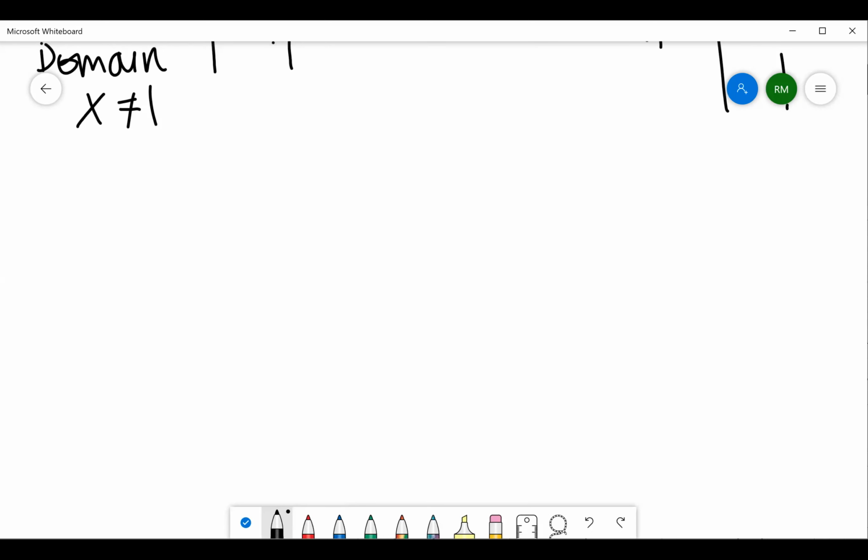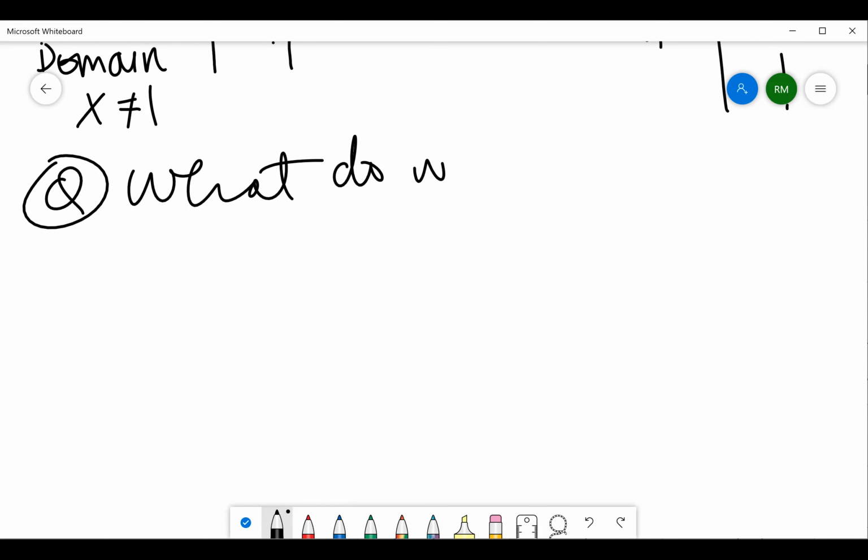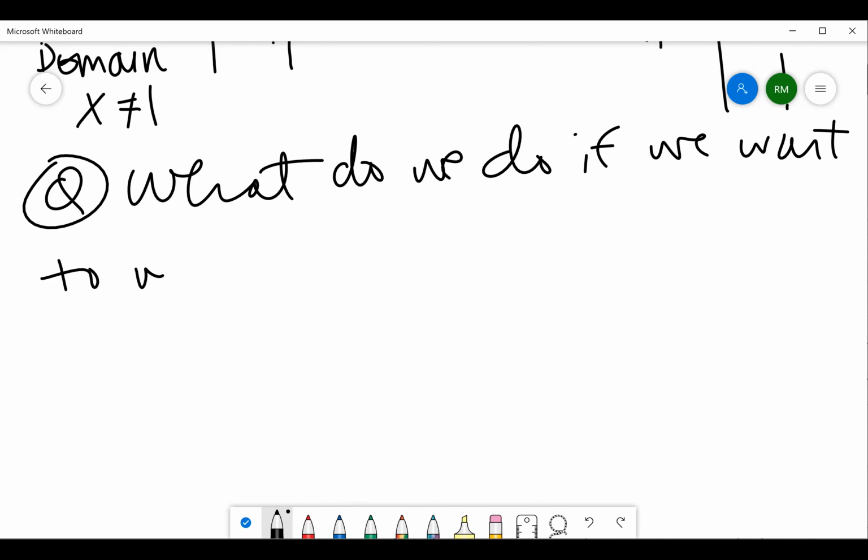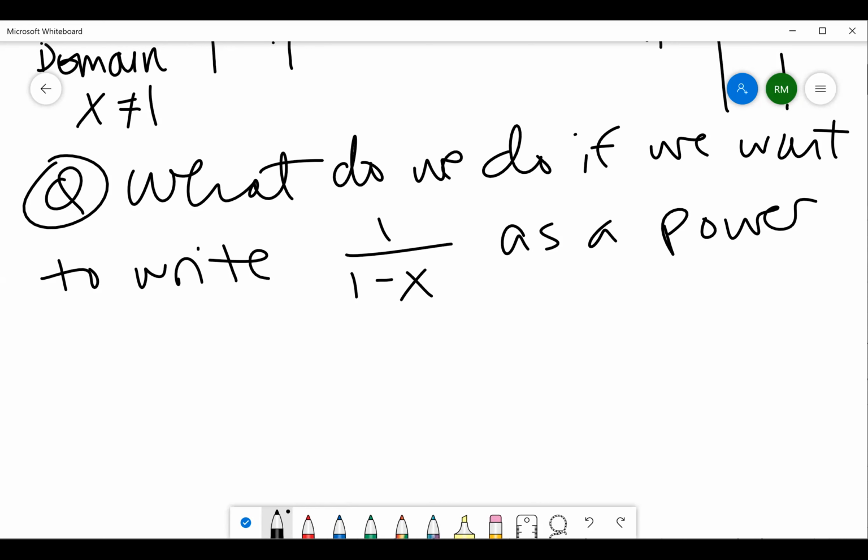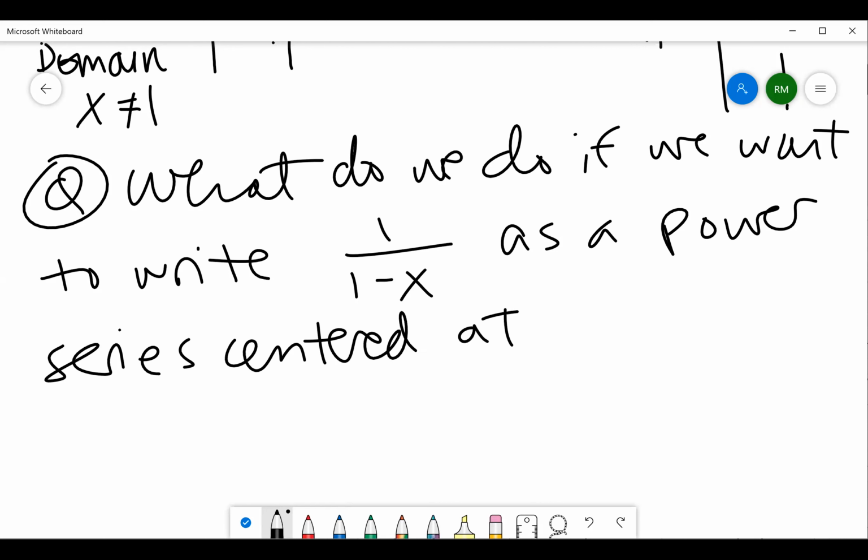So what do we do if we want to write 1 over 1 minus x as a power series centered at a number c?